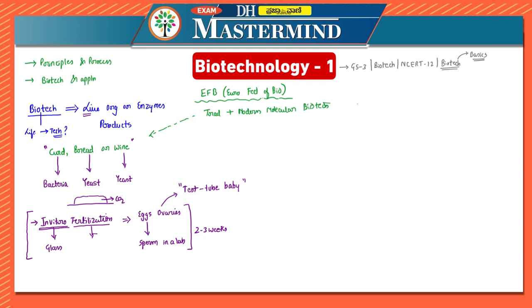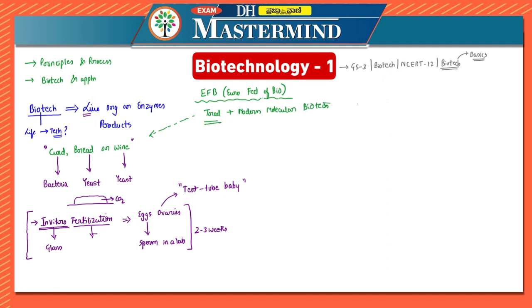So the definition given by EFB is the integration of natural science and organisms, cells, parts, and molecular analogs for products and services is called biotechnology. That is what biotechnology is, as said by EFB.